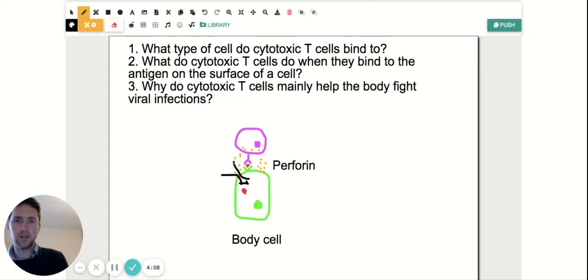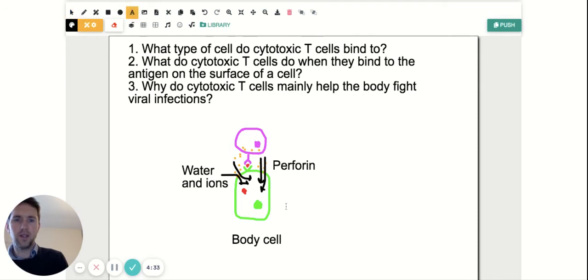Water and ions can just move in, and that causes the cell to swell and for it to burst.